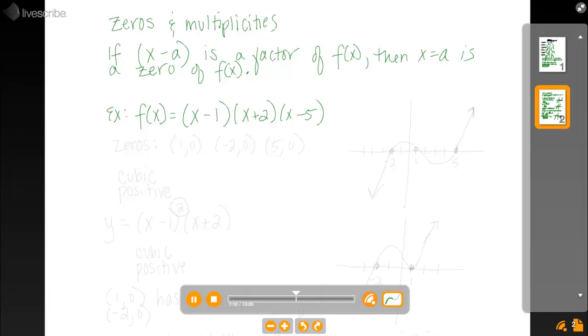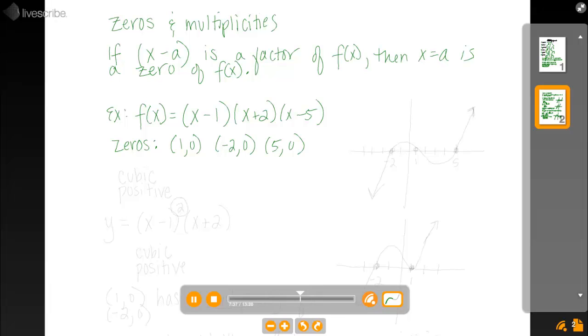So we're going to do some examples sticking only in factored form for now. Let's see, we know the zeros are at 1, negative 2, and 5 because of that factor theorem. It should make sense. If you plug in 1, 1 minus 1 is 0, times, who cares, the whole function value will be 0.